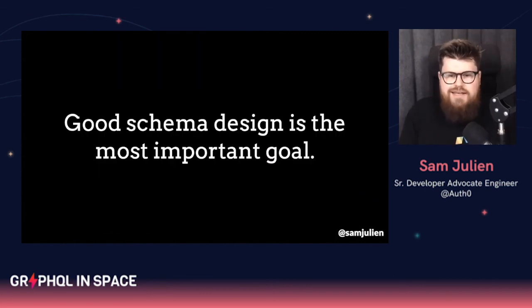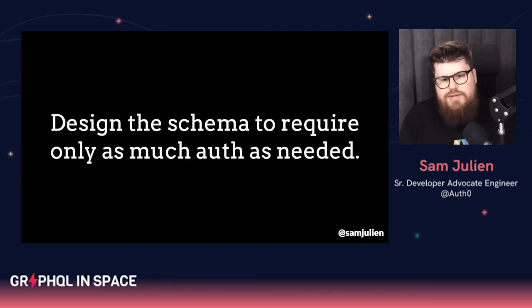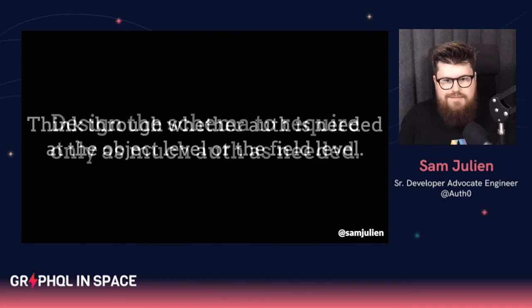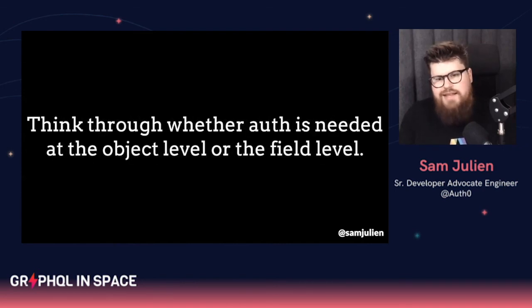One thing that I think is really important to remember, if you step back and look at the big picture here, is that really good schema design is the most important goal of what we're doing here. As with most backend things, garbage in, garbage out. So design the schema to require only as much auth as you need. Think through whether auth is needed at the object level or the field level. I mentioned how with custom directives, if you're at the field level, you're going to have a hard time remembering all the different little edge cases that you need for access to that field.